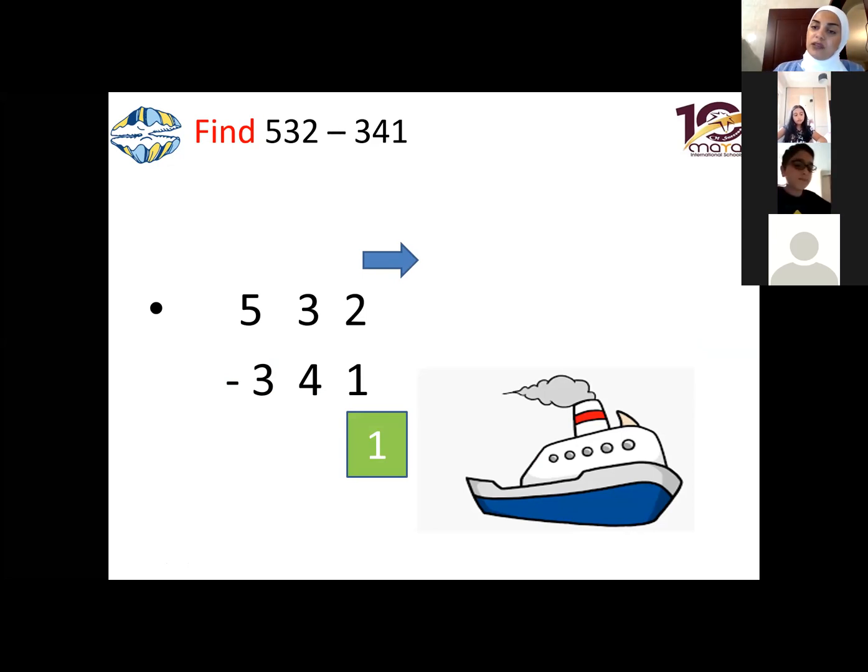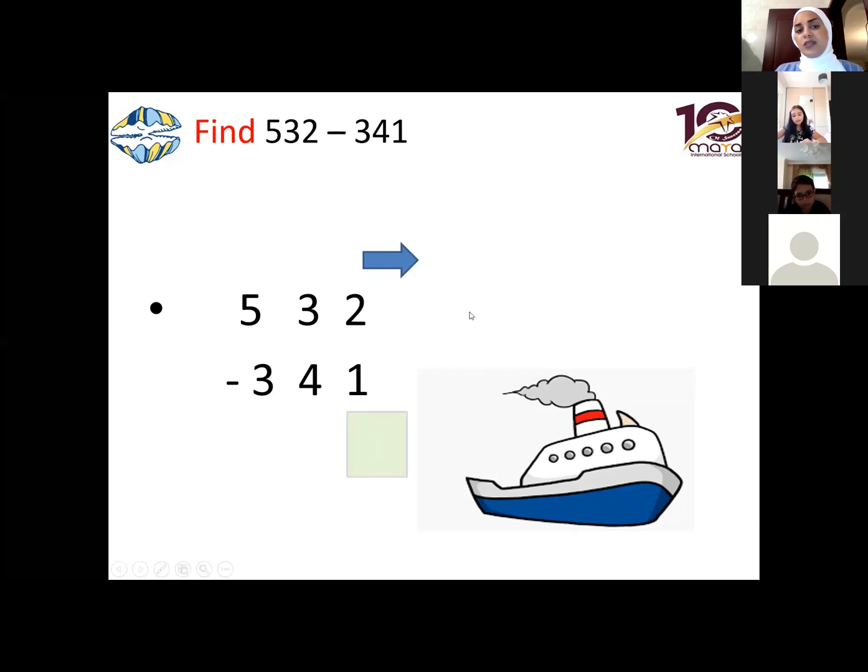When we move to the tens, we check if the tens at the top is bigger than the tens at the bottom. And then we do the same with hundreds if we have thousands. In this case, we have more on top in the ones. So it's very easy. Just don't stop. Go on.